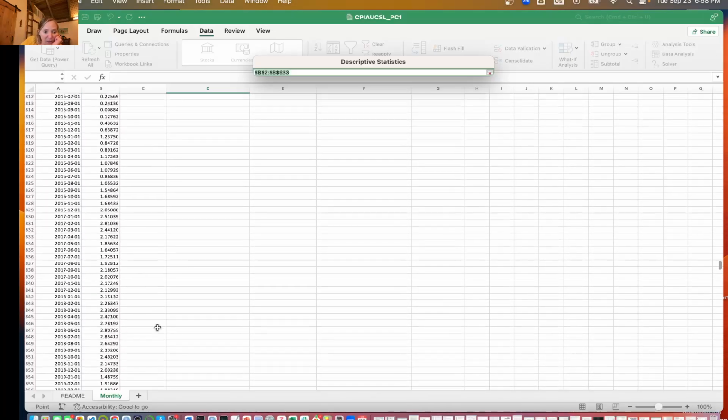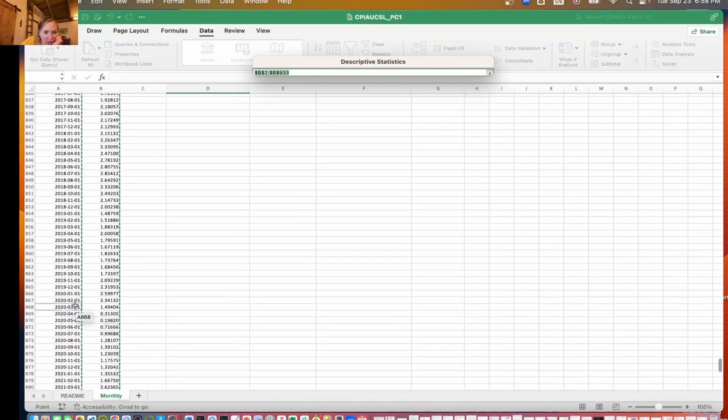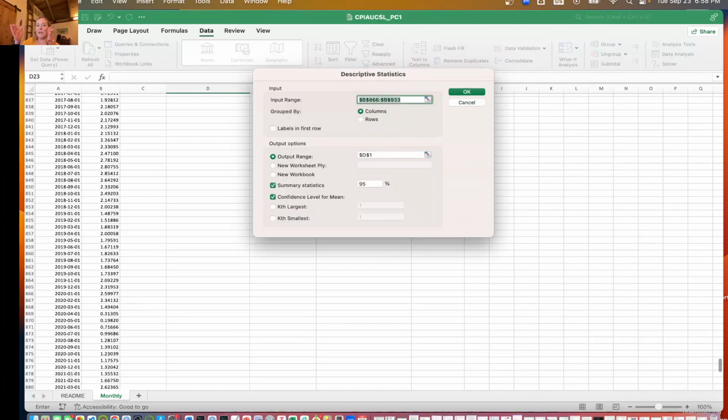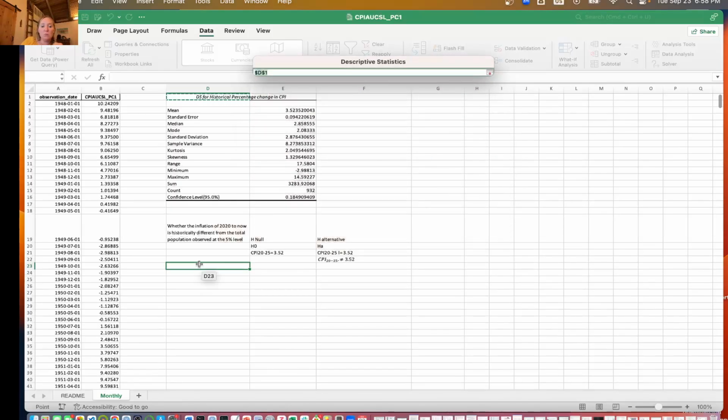Scrolling down to 2020, we got this, 866. So go over here, B866 to B93. Now we have the range from 2020 to August of 2025, which will be 68 months. And we're going to put this in a new sheet so we don't write over any of the information that we have down here.